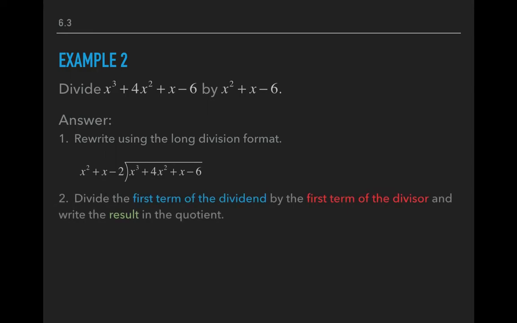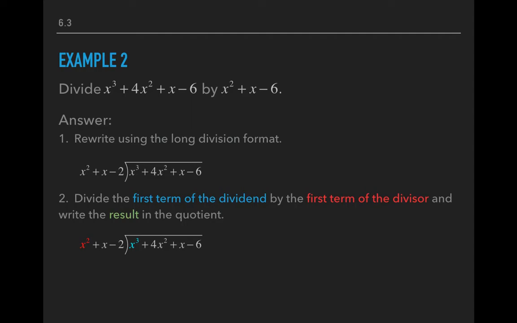So what we'll do is divide the first term of our dividend by the first term of our divisor, and write that result in the quotient. Look here, I've color-coded it for you. The first term of your dividend is x cubed. The first term of your divisor is x squared.